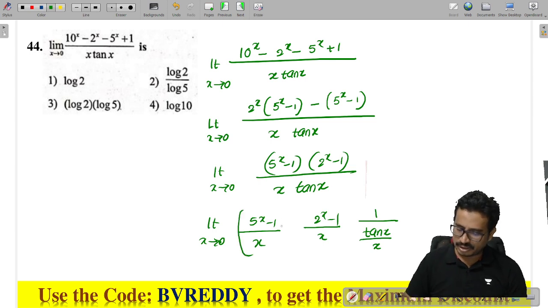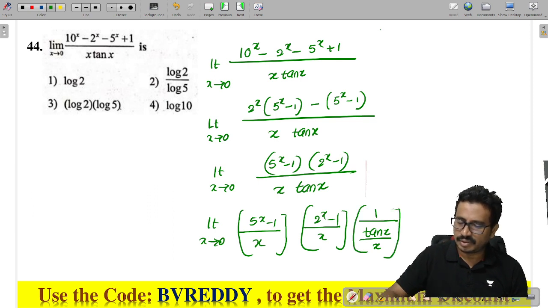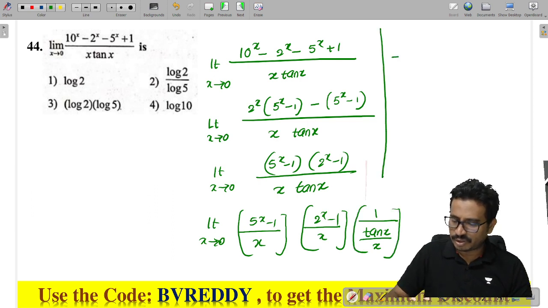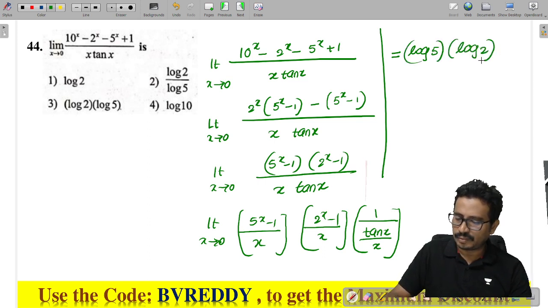Now you see this thing here. Now this limit is applicable for all the three functions you see. So that means what I will get, you tell me now here, which is nothing but log 5 and this is log 2, and x tends to 0, tan x by x is 1, so which is given as log 10.